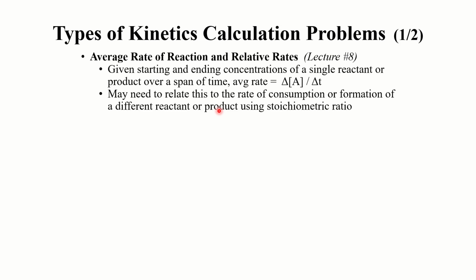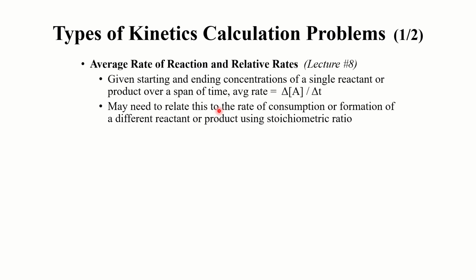Okay, I'm going to briefly review a couple types of kinetic calculation problems that you may see. So this is summarizing everything we've covered in kinetics from lectures 8, 9, and this one, lecture 10. So you may be asked about average rate of reaction and relative rates. This comes from lecture 8.